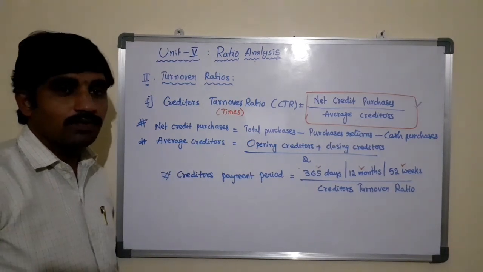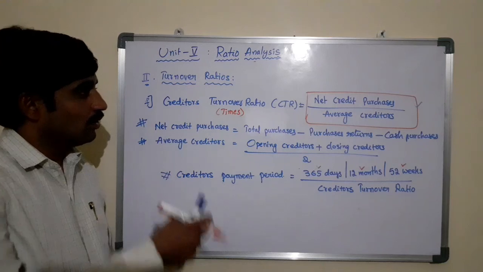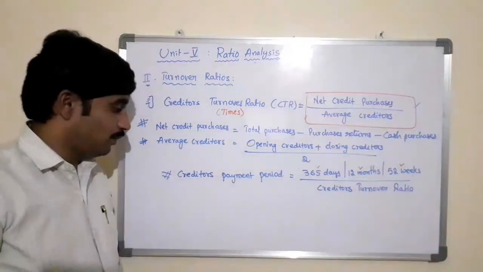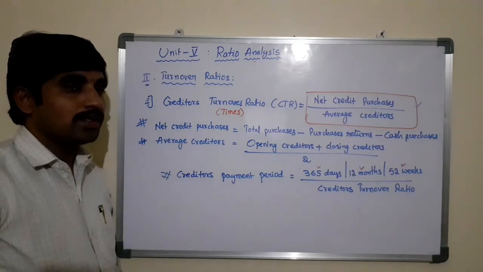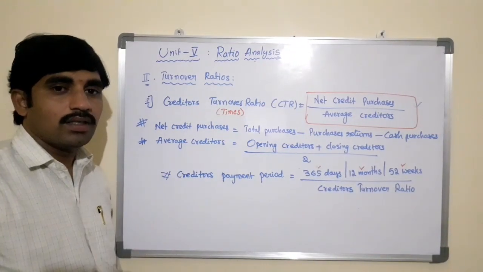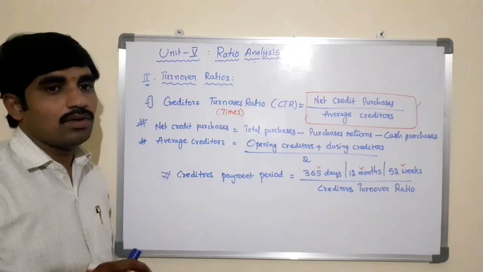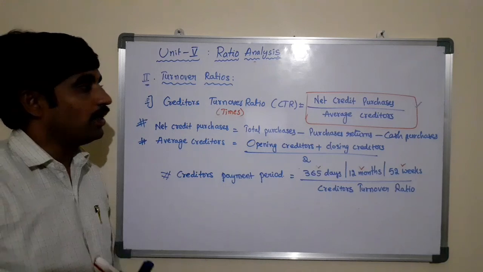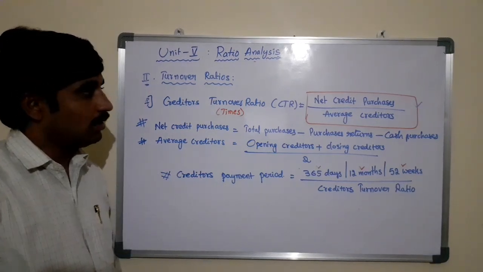So it is very important to know the creditors turnover ratio and creditors payment period, the debtors turnover ratio and debtors collection period, and the stock turnover ratio and stock holding period. These three are very important ratios which can play a significant role in the business.